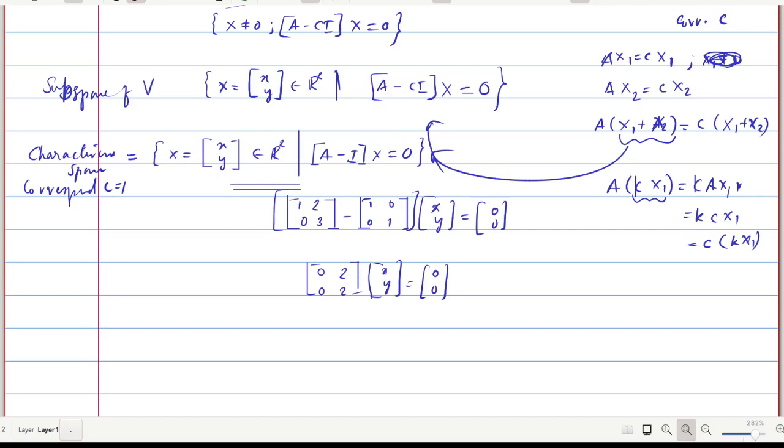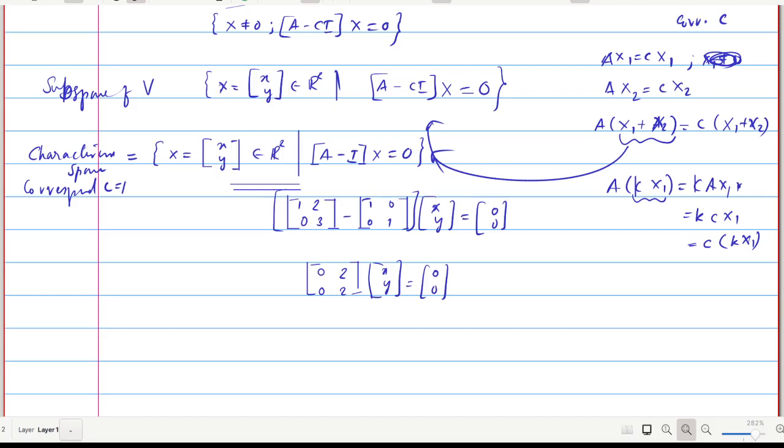Now how do we get the solution space of this? In order to get the solution space, we think of this matrix as the coefficient matrix and this as the unknown. This is a homogeneous system of equations, and every homogeneous system is consistent, so it has solutions. Now we are going to write out all the solutions.